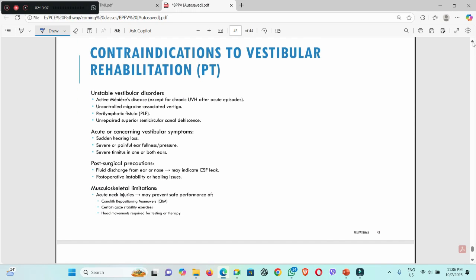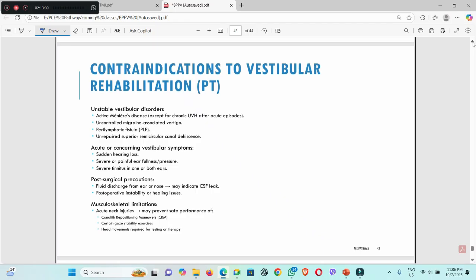Coming to the last slide, that is contraindications to vestibular rehabilitation physiotherapy. Unstable vestibular disorders, active Meniere's disease: we're not going to perform vestibular rehabilitation.